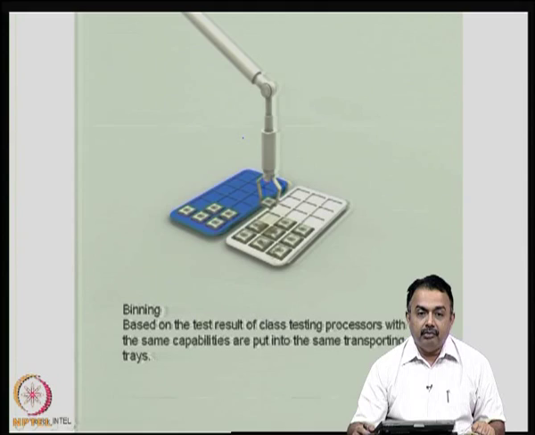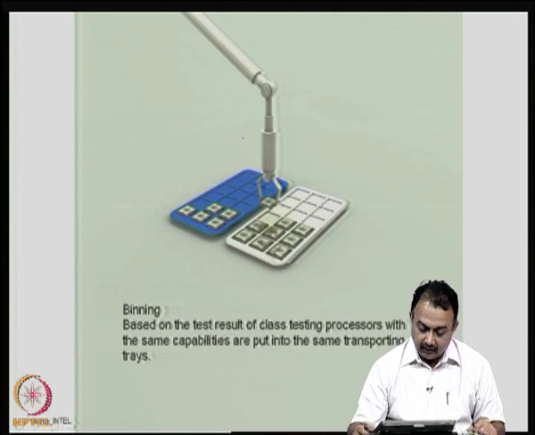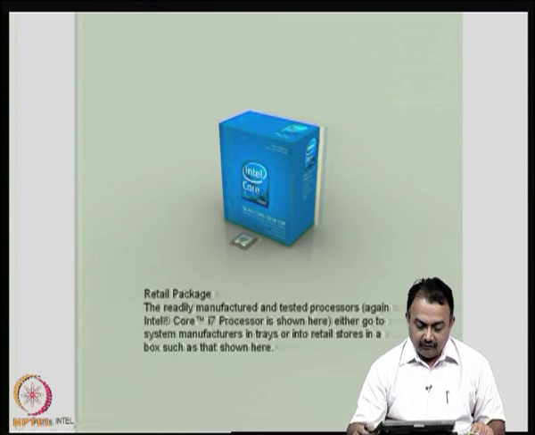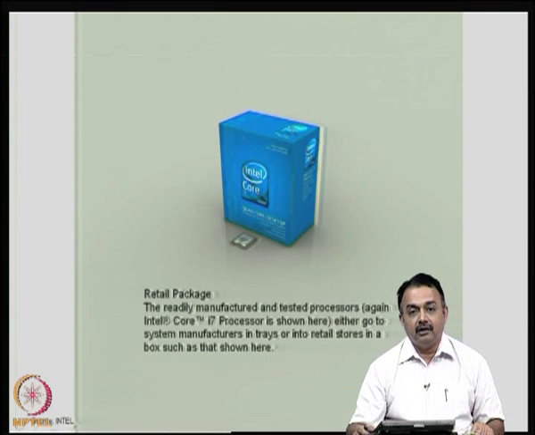Then binning, this is basically classification of the processors of a particular type into trays that are again well defined in terms of material choices, shielding and so on, because these have to be transported, and finally, it is sent for retailing.